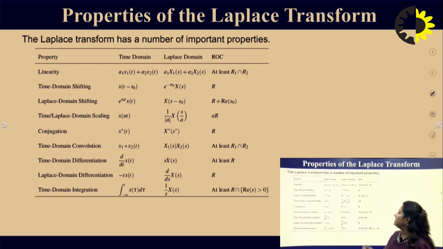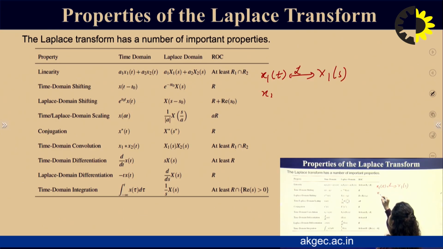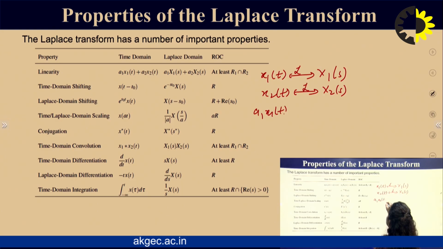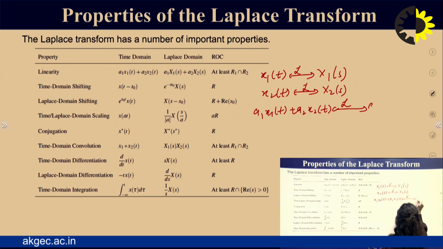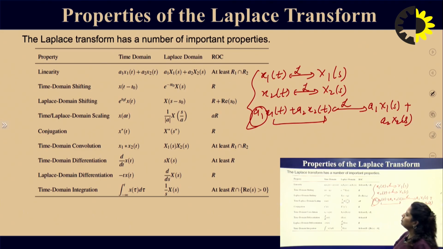So if there is a signal x1(t) which has a Laplace transform X1(s), and another signal x2(t) which has a Laplace transform X2(s), then a1 x1(t) plus a2 x2(t) has a Laplace transform of a1 X1(s) plus a2 X2(s). So this is basically the linearity property. The summing part is superposition and the constant multiplication is homogeneity.